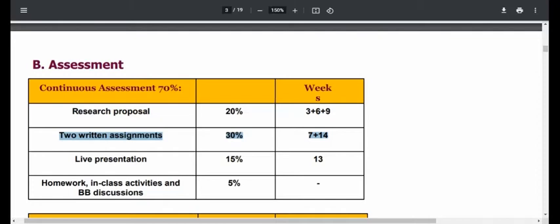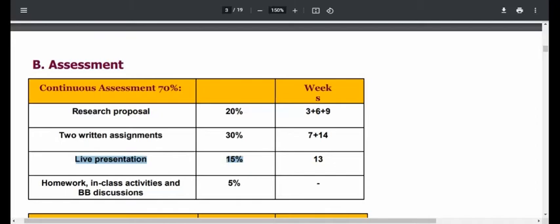There's a presentation of your research in week 13. And if you look at the 15% that your presentation makes of your grade and add that to the 20% of the proposal and portfolio, you will see that research is 35% of your grade.